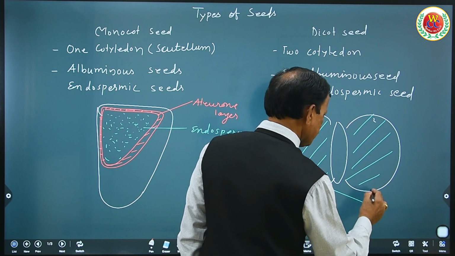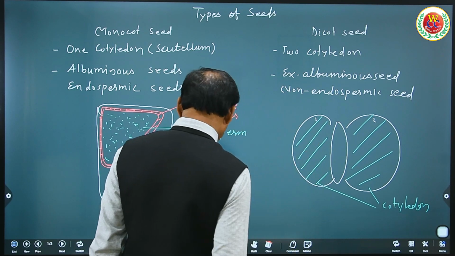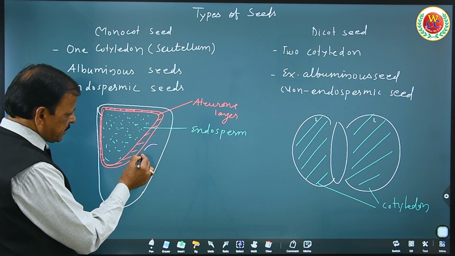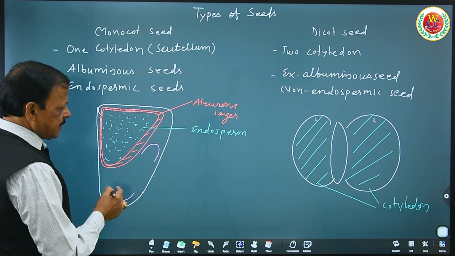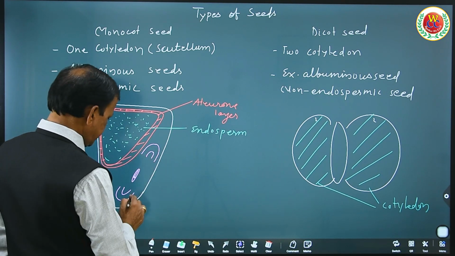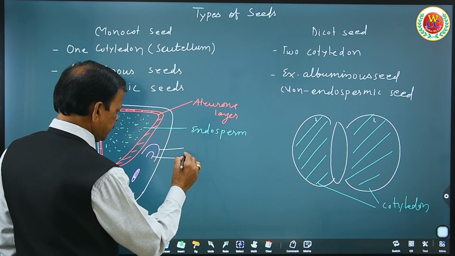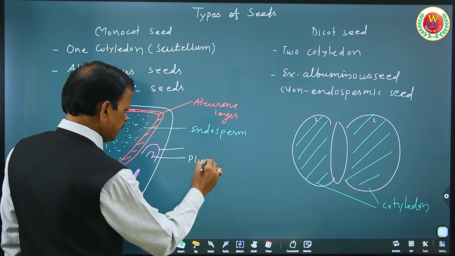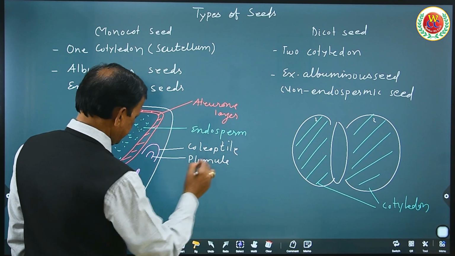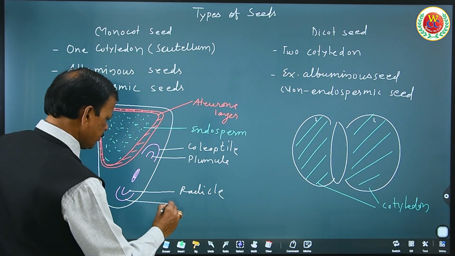So, these are the two cotyledons, and this is the embryo axis. Now, this embryo axis in monocot, here this is plumule which is covered by coleoptile, and this is the radicle covered by coleorhiza.